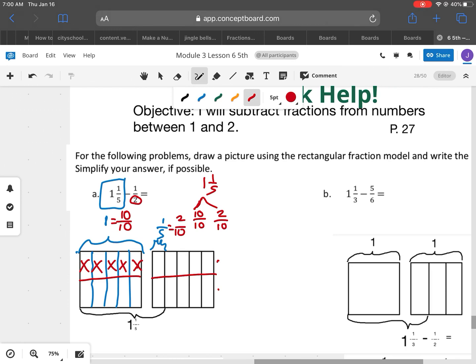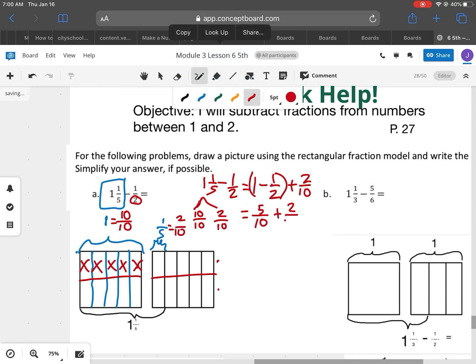And hopefully you see that now, after I subtract that, I'm going to basically do 1 minus 1/2, and then I'm going to add my 2 tenths, which is actually my 1/5. So when I subtract 1/2, I'm actually going to get 5 tenths plus 2 tenths, and that's going to give me 7 tenths.